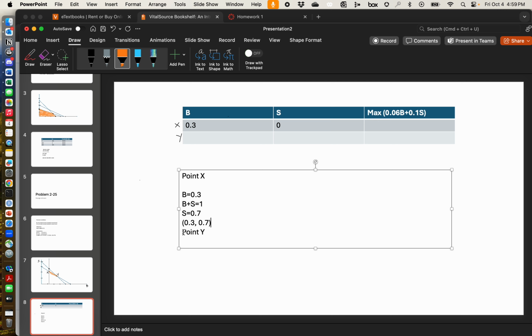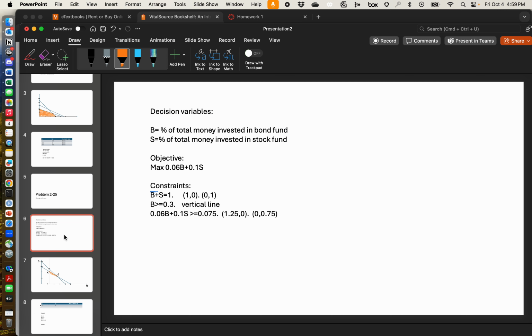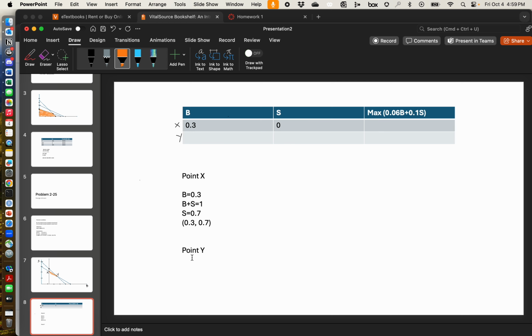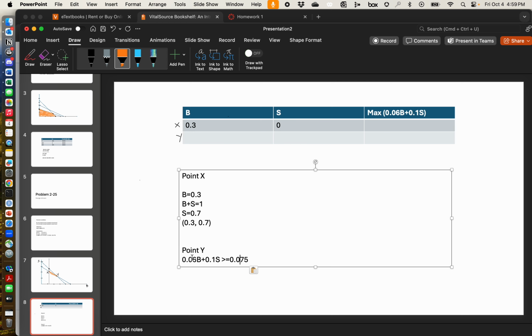What's point Y? So let's find out. That is definitely the point of intersection of this constraint and B plus S is equal to 1. So let's solve for that. Let's eliminate the 0.1s. So I'm going to multiply this whole equation by negative 0.1, and then we can add the two equations.